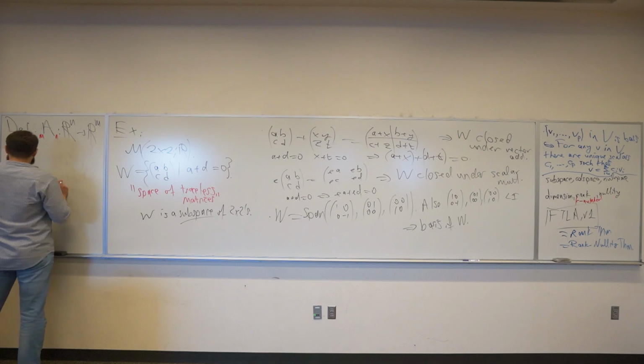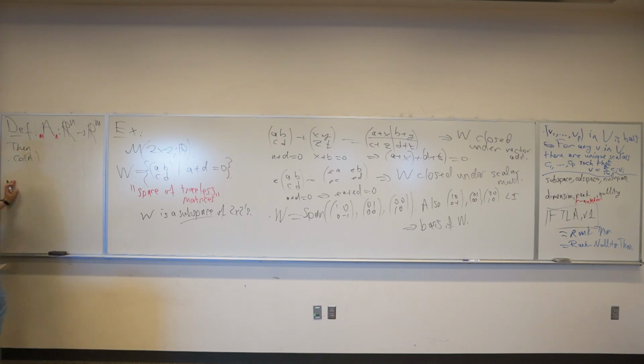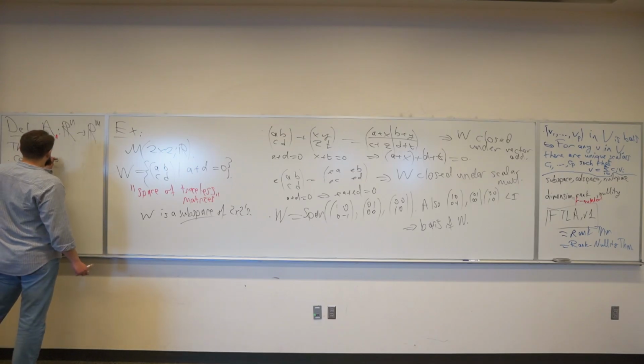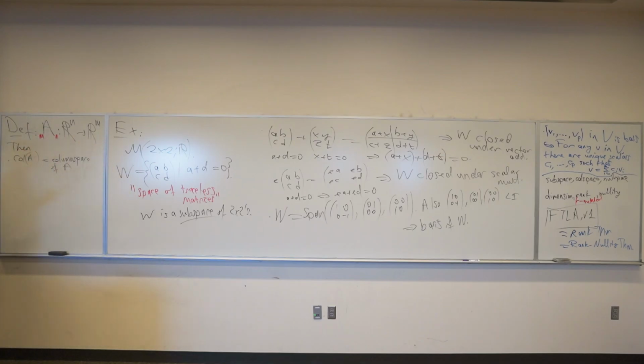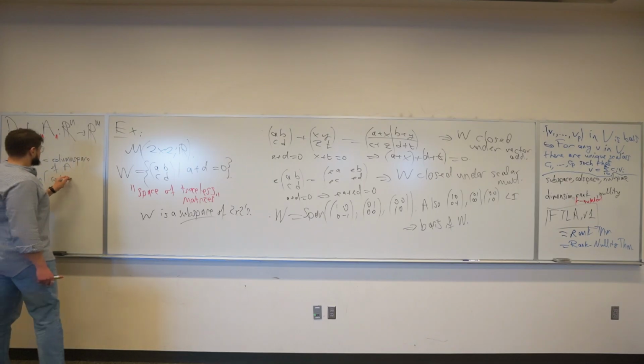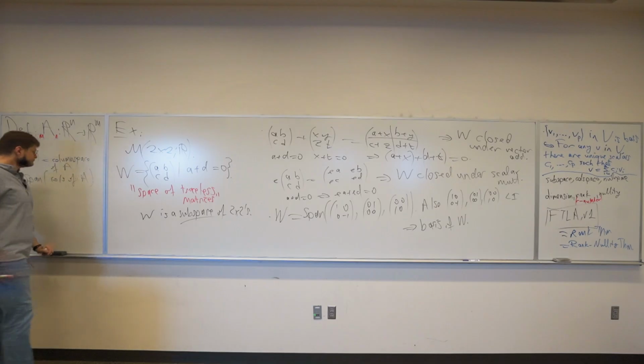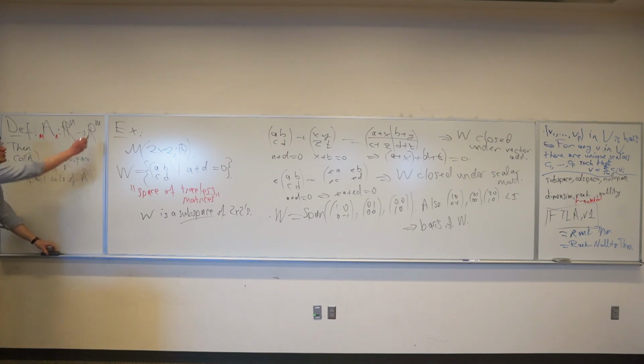Then I think this is the notation we use in the textbook. Col of A, column space of A, well, this is nothing but the span of the columns of A. Okay. In a second, I'll do an example, maybe two actually. So this is a subspace, I should write, of Rm, of the output space.